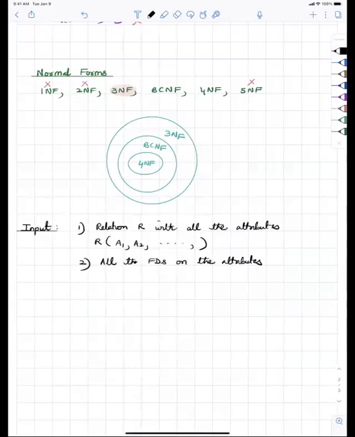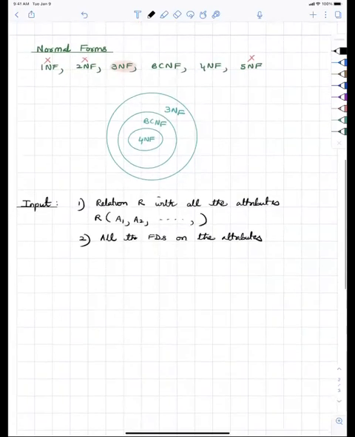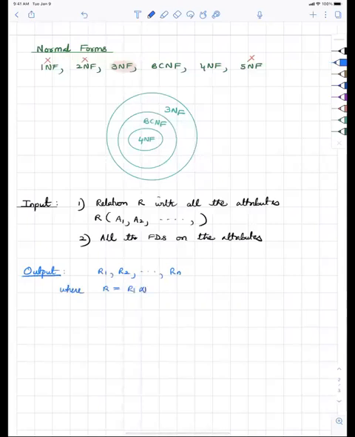The whole idea is that once you're given this and you run an algorithm, the output is going to be a set of normalized tables. From R, you'll get R1, R2, and so on to, let's say, Rn. They're such that you can get the original relation R by joining all these tables together.